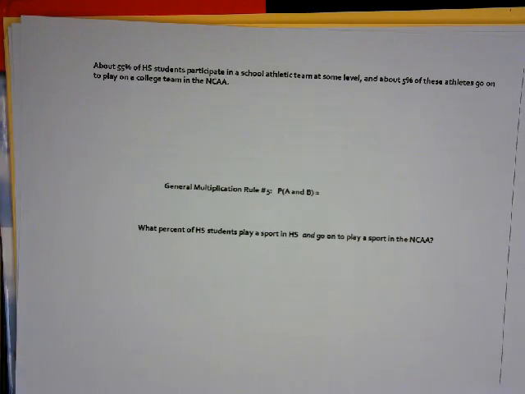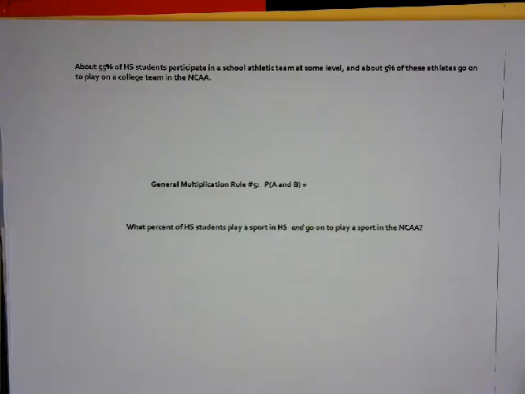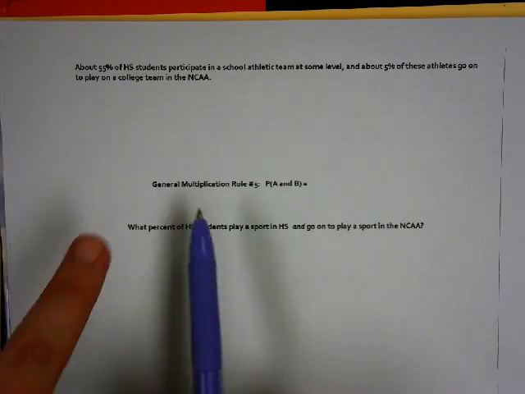Alright, so on this one, it says 55% of high school students participate in a school athletic team at some level, and about 5% of those athletes go on to play on a college team in the NCAA. We're going to come up with our general multiplication rule.